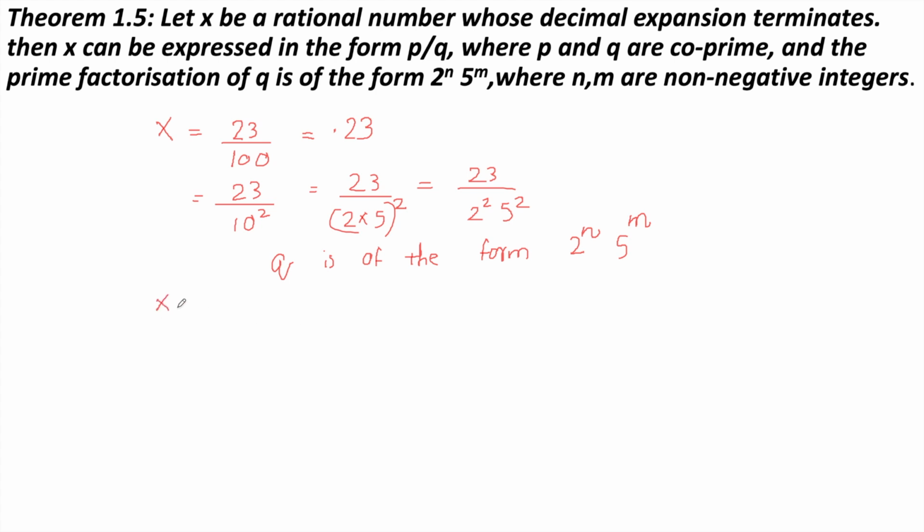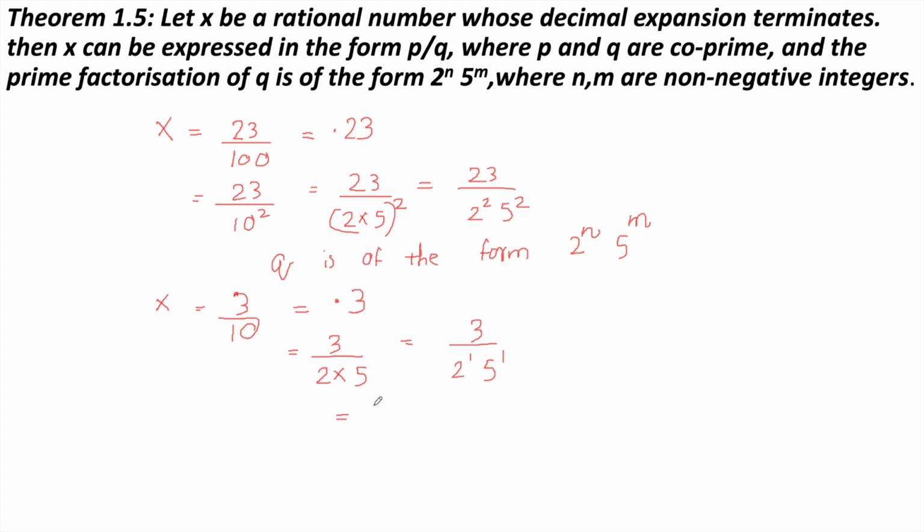Again we can take one more example. I take 3 by 10. 3 by 10 is 0.3. So we can rewrite it as 3 by 2 into 5, that means 3 by 2 raised to 1, 5 raised to 1.